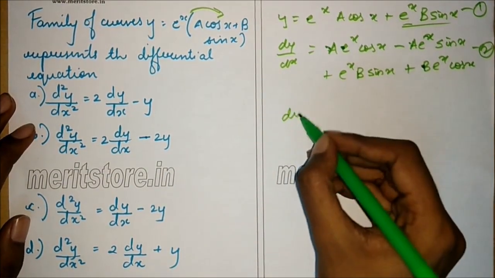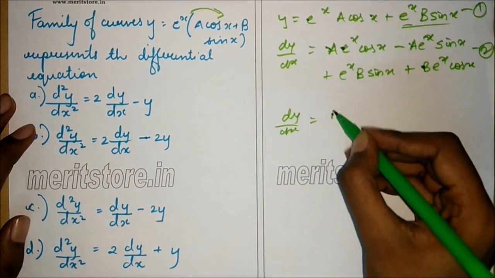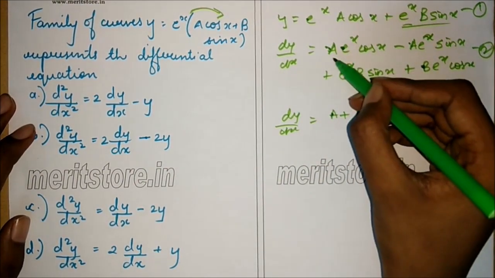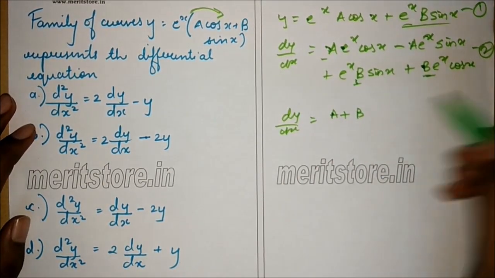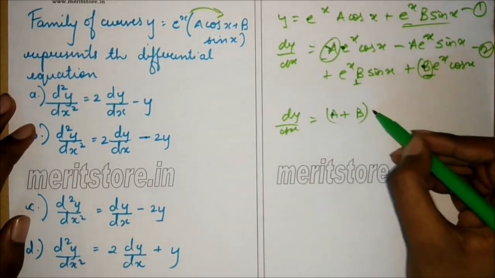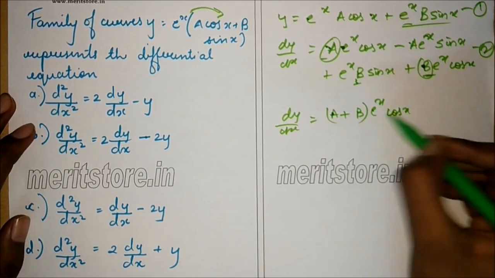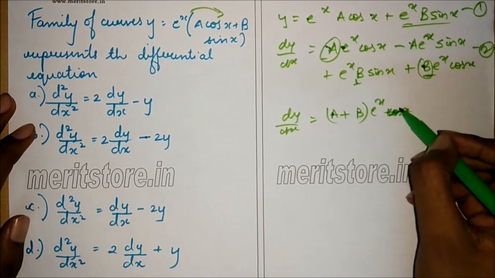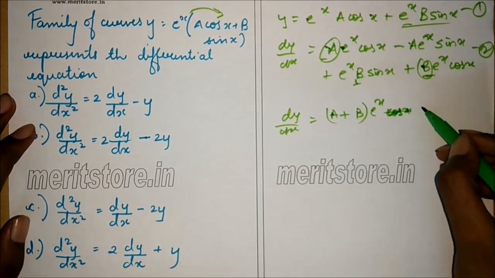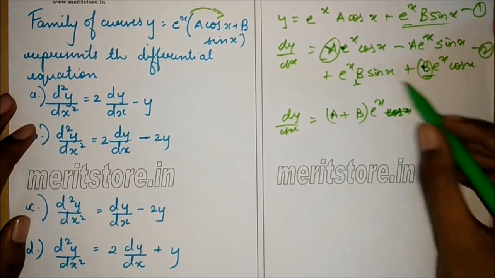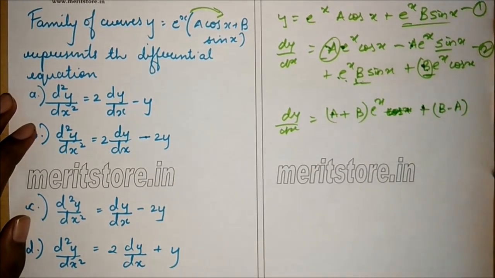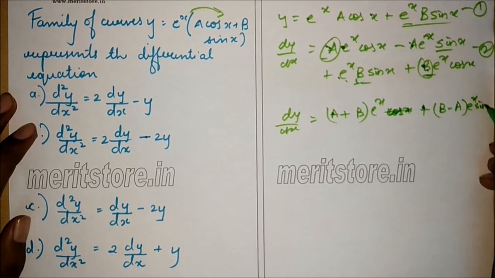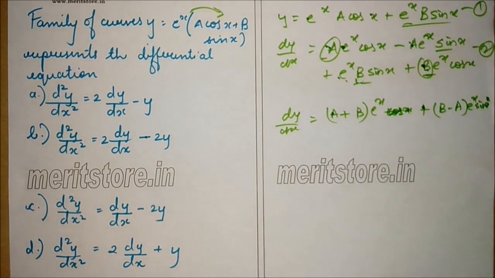So now simplifying this, we can say dy by dx equals a plus b into e raised to x cos x, collecting e raised to x cos x terms, plus b minus a e raised to x sin x. So we took e raised to x cos x and e raised to x sin x terms together.